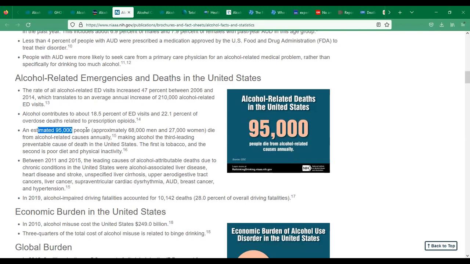An estimated 95,000 die, approximately 68,000 men and 27,000 women, making alcohol the third leading preventable cause of death in the United States. So the first one in the United States is tobacco, and the second one, poor diet and physical inactivity.